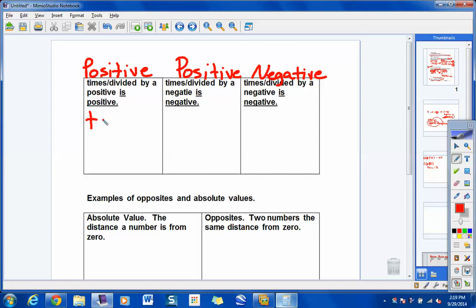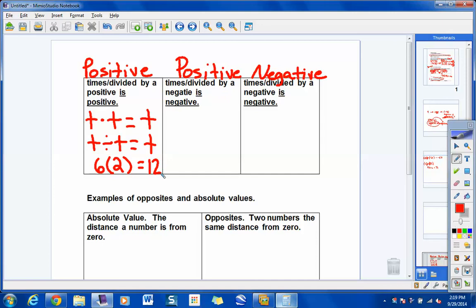A positive times a positive will be a positive. Or if you have a positive divided by a positive, what's your value? So as an example, 6 times 2, like this. Both are positives, right? What's your solution? 12. Very good.